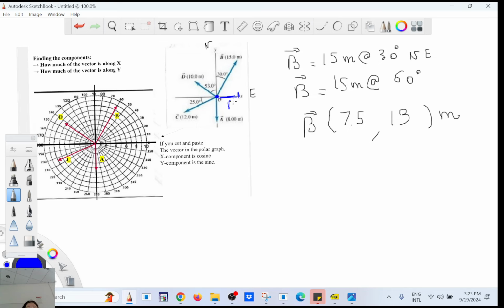That will be my x component. And then I can go up. That will be my y component. Agree? Or I can go up. That will be my y component. And then I can go this way. That will be my x component.